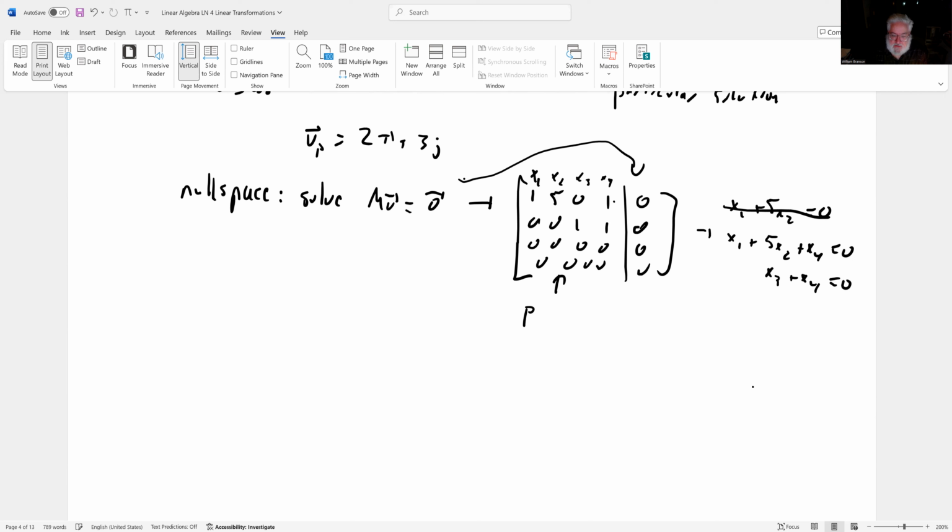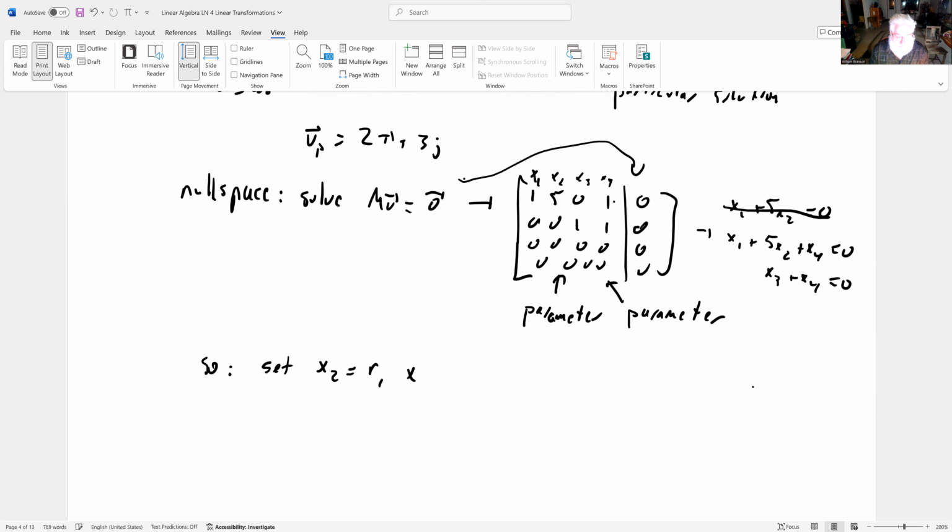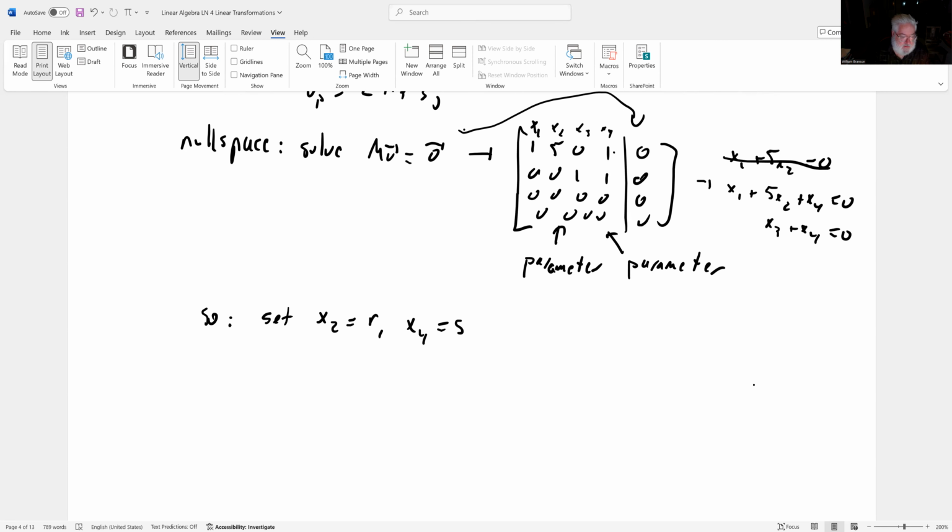So x2 becomes a parameter because it doesn't have a leading one in it, and x4 becomes a parameter. So set x2 equal to r, x4 equal to s, and then what do we have?